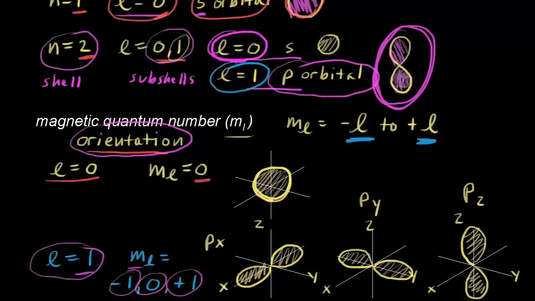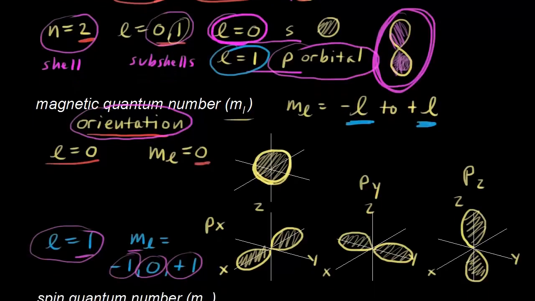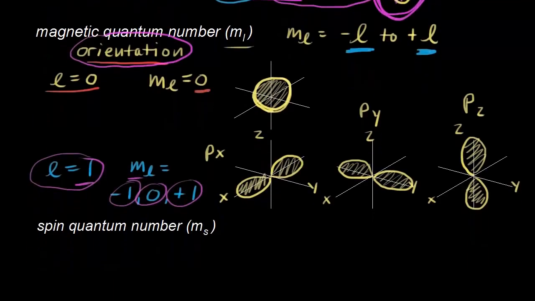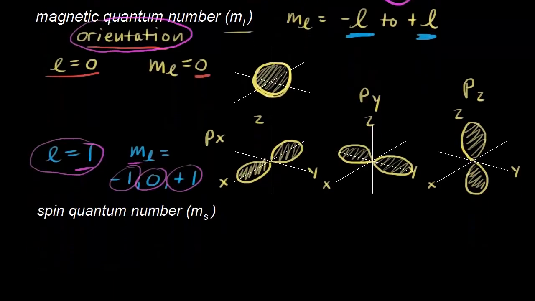All right, let's go to the last quantum number. The last quantum number is the spin quantum number, m sub s. When it says "spin," I'm going to put this in quotations, because it seems to imply that an electron is spinning on an axis. That's not really what's happening, but let me draw that in here.